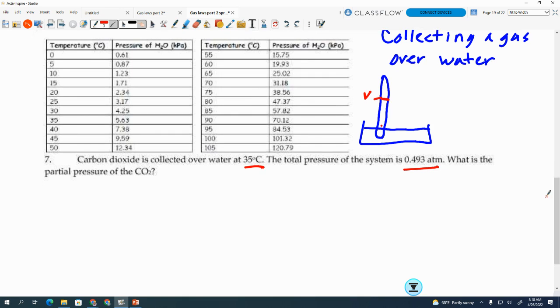All right. So I have a P total is 0.493 atmospheres. I know that I'm trying to find out the pressure of CO2.